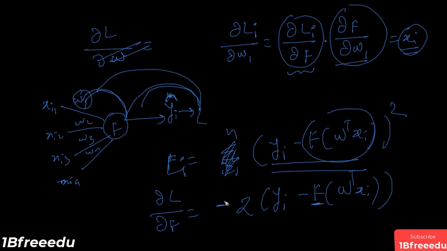Now if we compute this derivative, dou Li by dou W1 is equal to dou Li by dou f into dou f by dou W1.